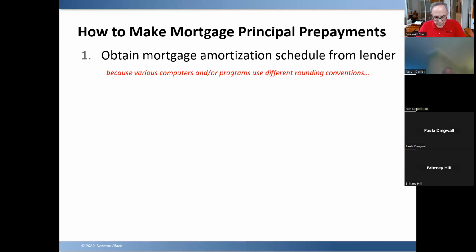The reason that you want to have the amortization schedule, the one from your lender, is because the first time they make a mistake and you go in to talk to somebody at the bank, they're going to look at your records and look at their records. And the first thing they're going to say is, oh, you used a different amortization schedule, and different amortization schedules round off differently. And that's why this doesn't balance out and cross-check.